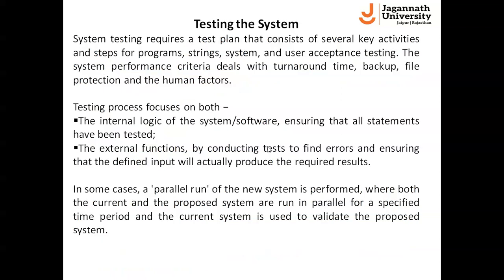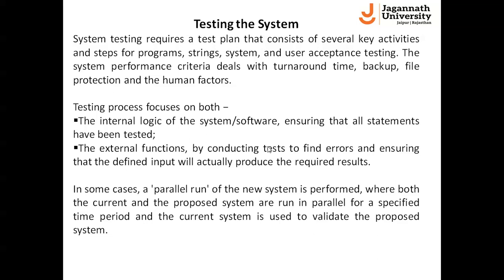Testing the system. System testing requires a test plan that consists of several key activities and steps for program, string, system, and acceptance testing. The system performance criteria deal with turnaround time, backup, file protection, and the human factors.